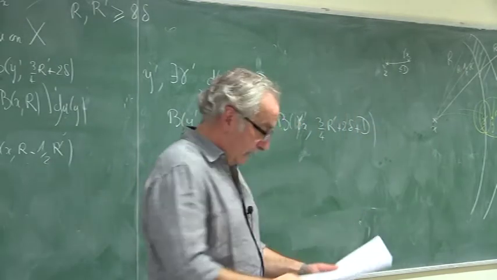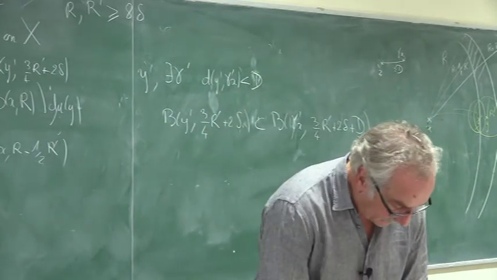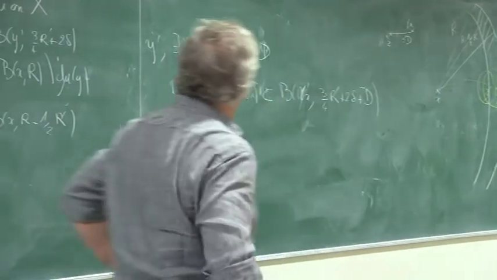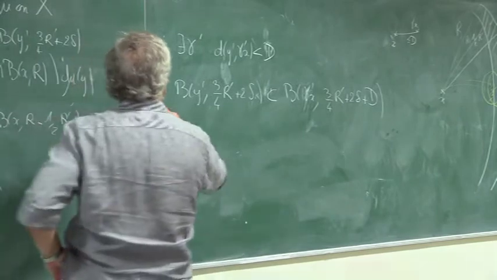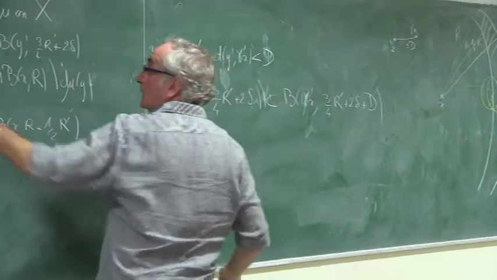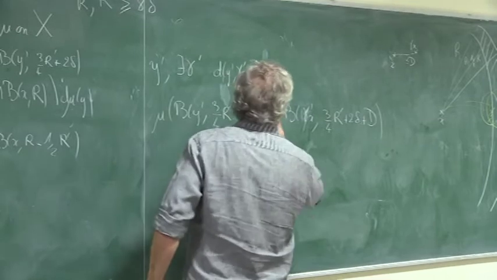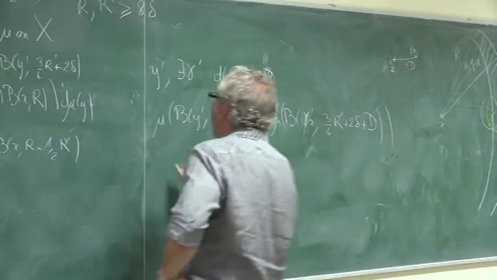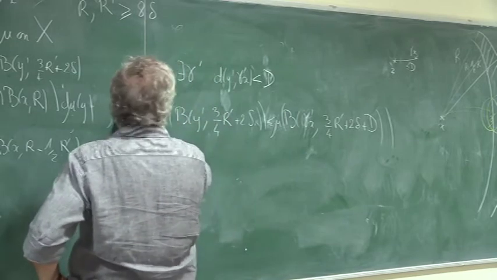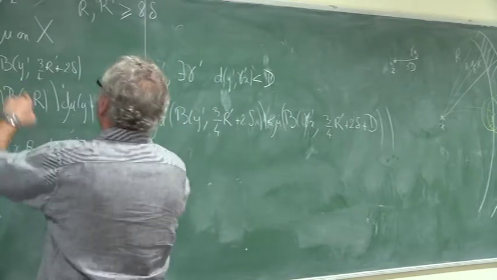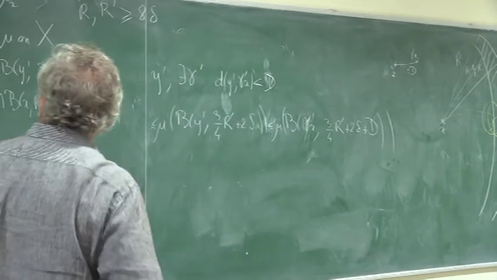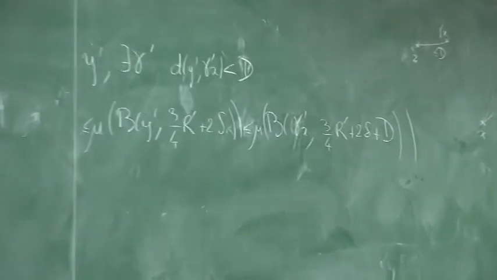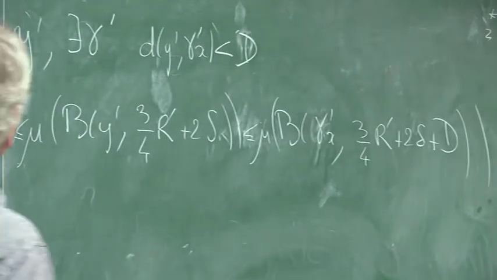This is a number that we had in the statement, right? And we'll take the measure of them inside here, which is an upper bound of the measure of this one, and an upper bound of the measure of this intersection. Right.